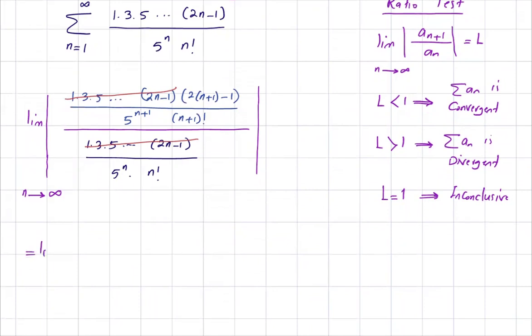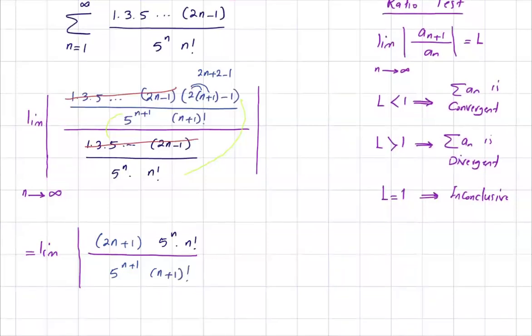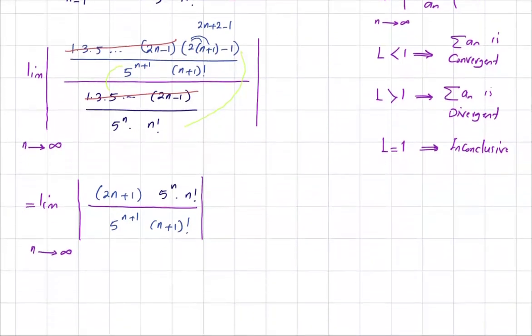Now just multiply these together, and if you distribute 2 into the parentheses, you get 2n plus 2 minus 1, or 2n plus 1, multiplied by 5 to the n times n factorial, divided by 5 to the power n plus 1 times (n plus 1) factorial, as n goes to infinity.